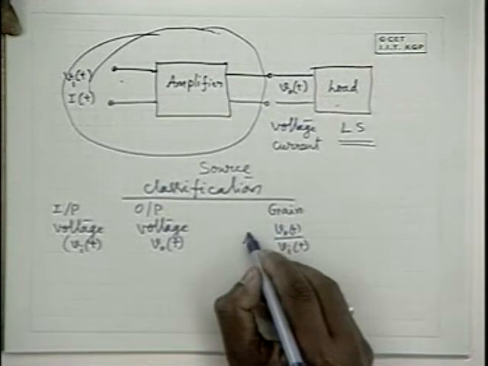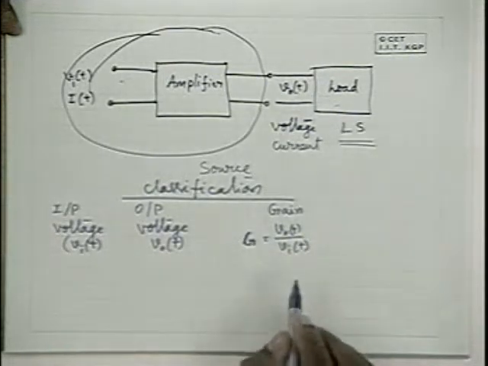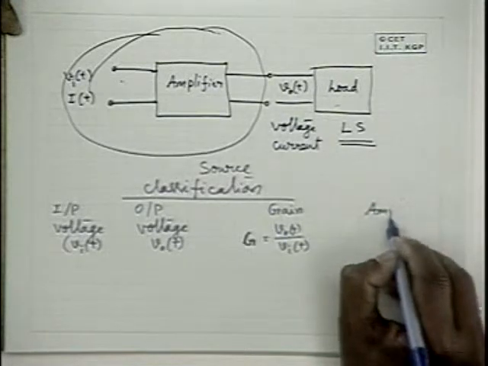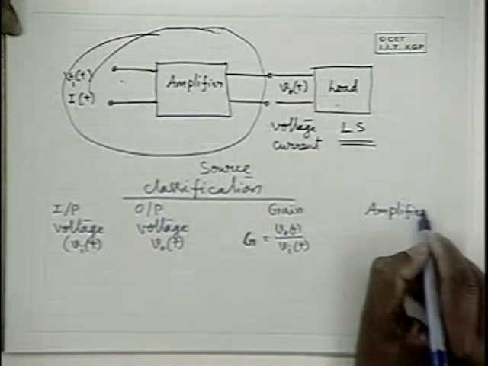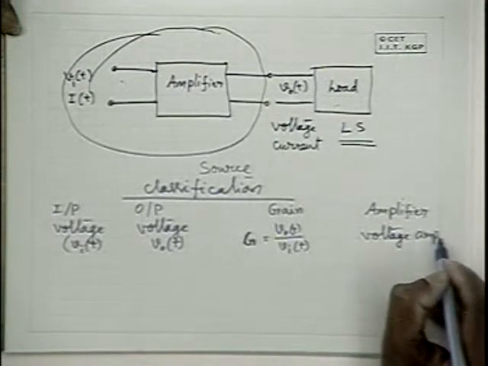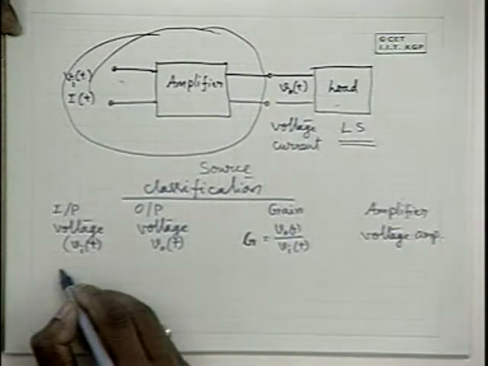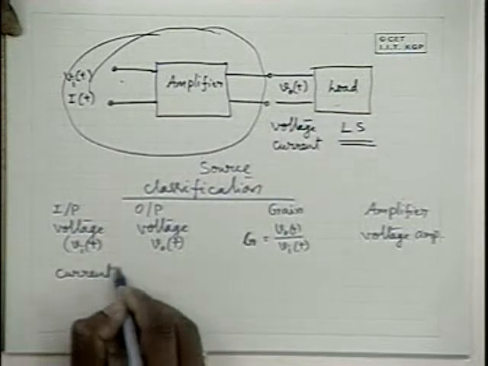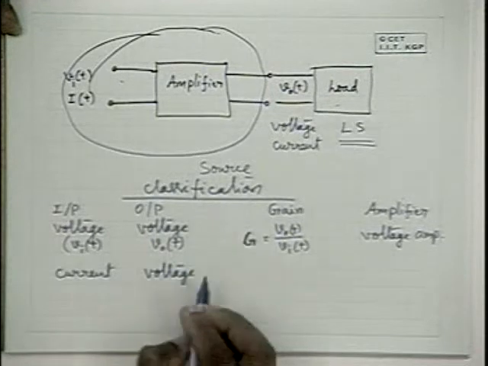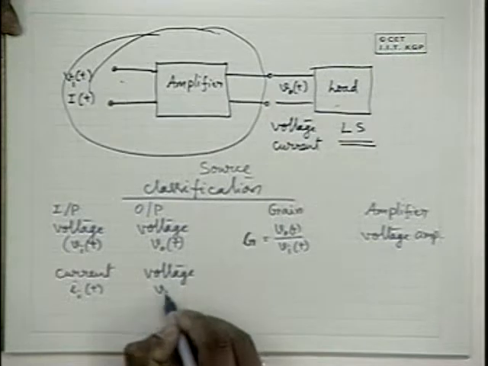So this can be given as G, used as the symbol to indicate gain, and the amplifier type is a voltage amplifier. Now, if the input is current and the output is voltage, that means this is IIT and this is V0T.